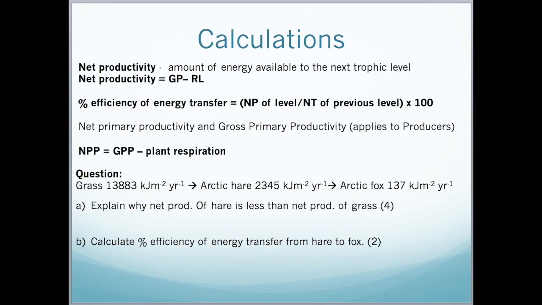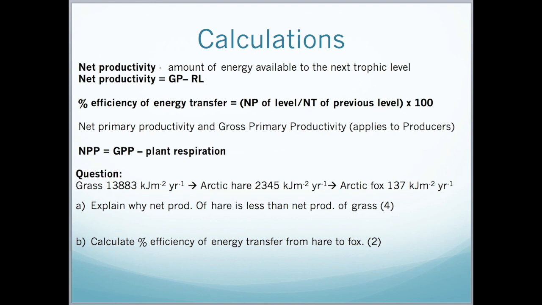Let's look at some of the calculations that we need to know how to do. Net productivity is the amount of energy available to the next trophic level. To get the net productivity, we need to subtract respiration loss from gross productivity.